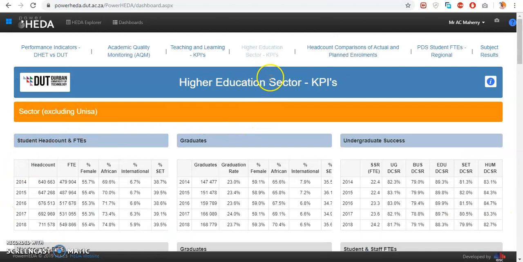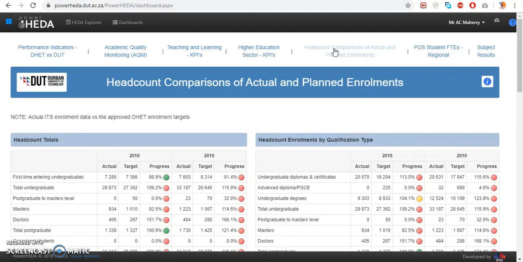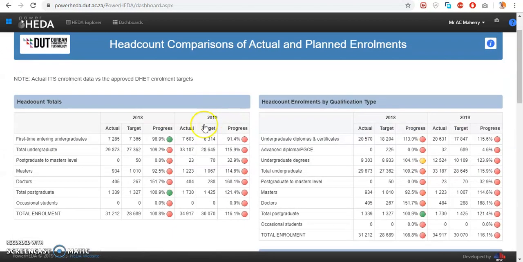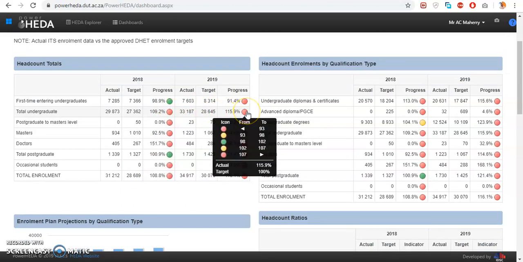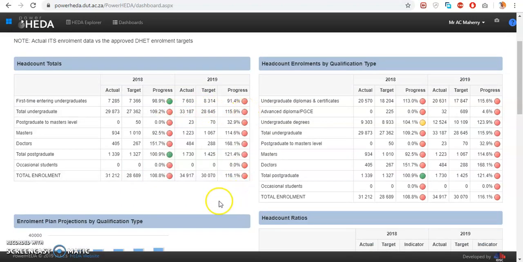In order to investigate this further, let's click on the headcount comparisons of actual versus planned enrollments. So here we have our actual enrollments versus our target enrollments for 2018 and 2019. Red shows where we've either exceeded or underachieved on the target.